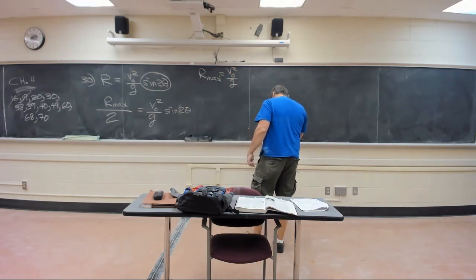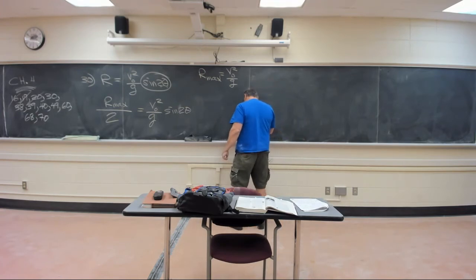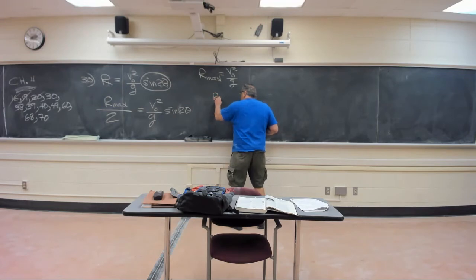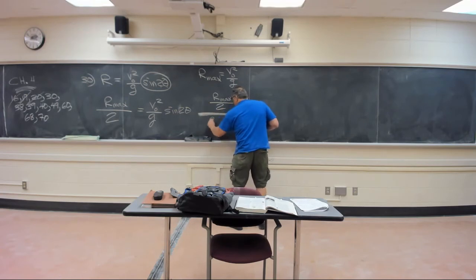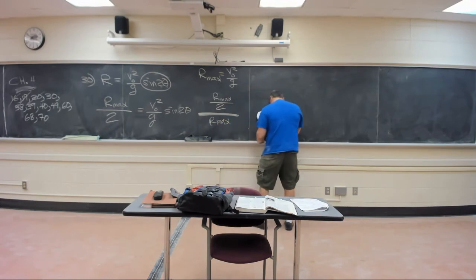Okay, believable. So I'll tell you what. Let's figure out how it's going to be half. R max divided by 2 is half the maximum range. Divided by the maximum range, that ratio is going to be a half.